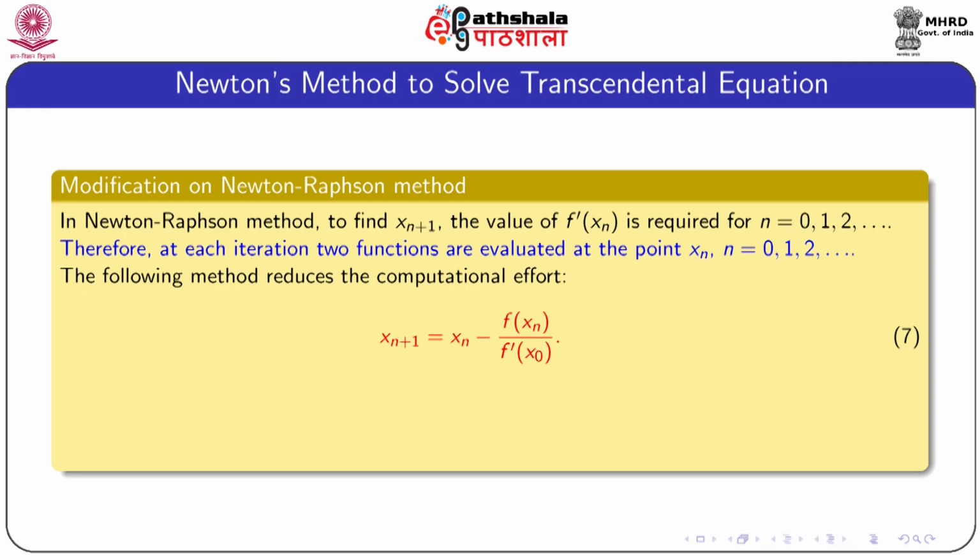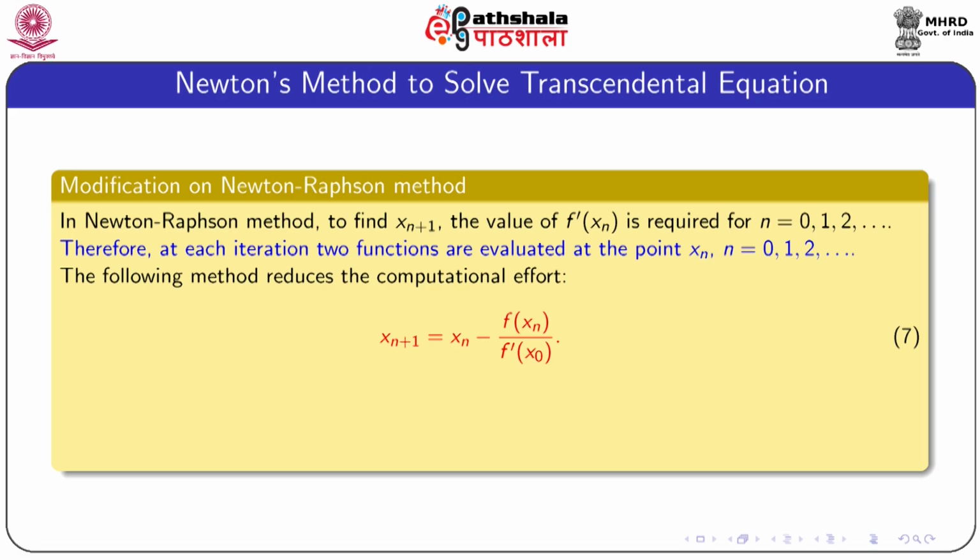So a modification is suggested to reduce the computational effort of the Newton-Raphson method. The following method reduces the computational effort. The iteration scheme is xn plus 1 equal to xn minus f of xn by the first derivative of f at x0. Note that the modification is made on the denominator of the second term.